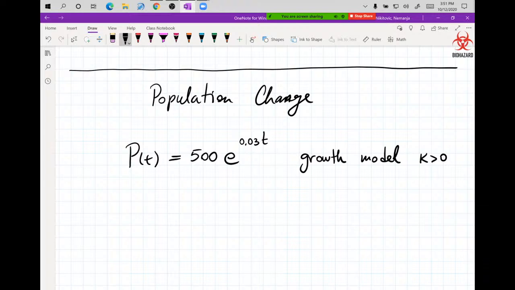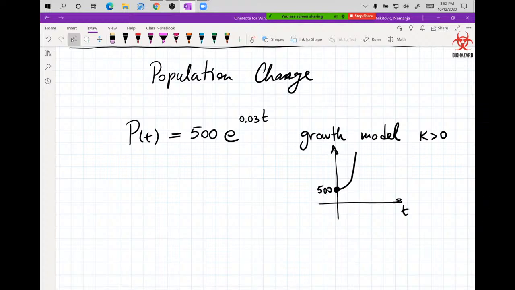Now, it's a particularly bad model, obviously, because this model will start at 500 units, and because it's exponential growth, it will go like that in time. And we know that the planet cannot sustain infinite population of anything because we have finite surface area. The other part is also finite resources and everything like that.